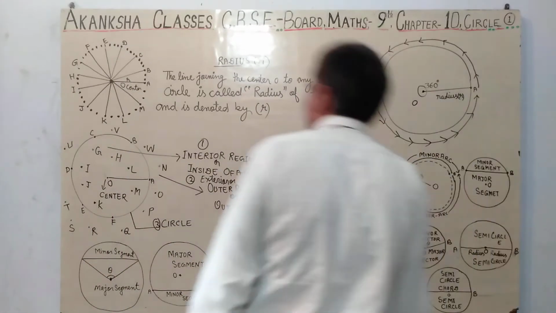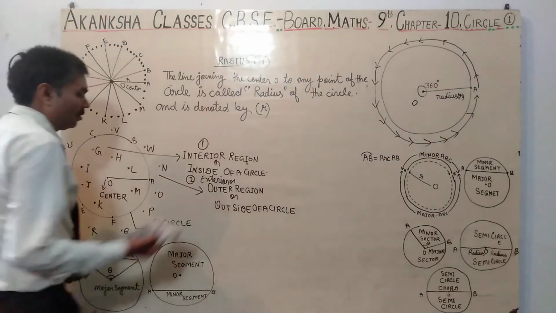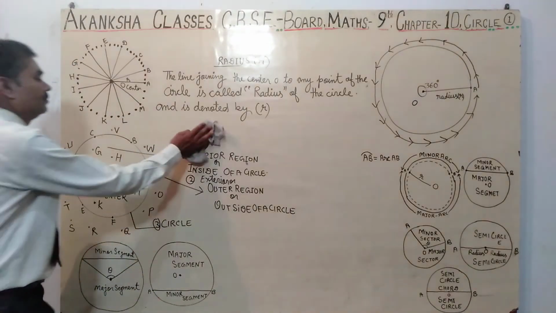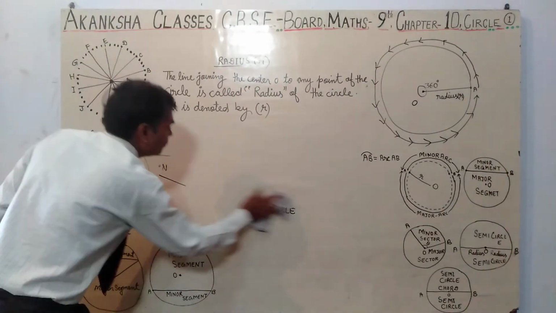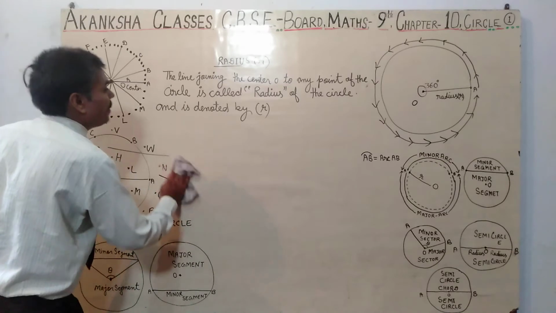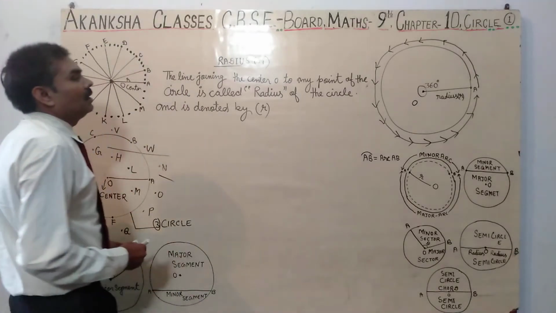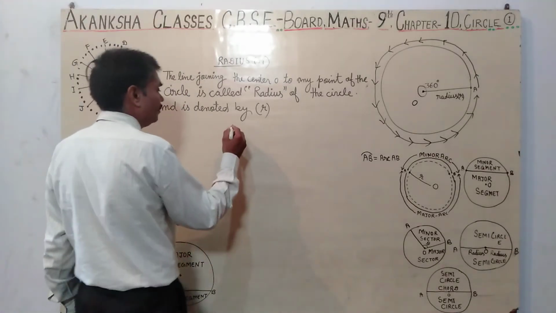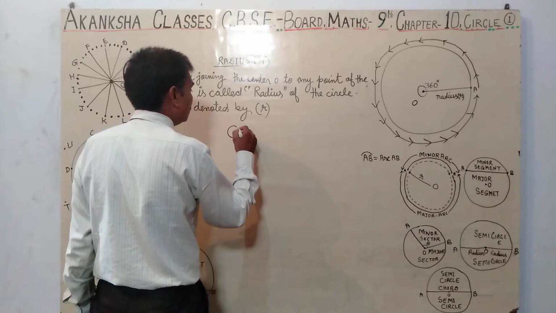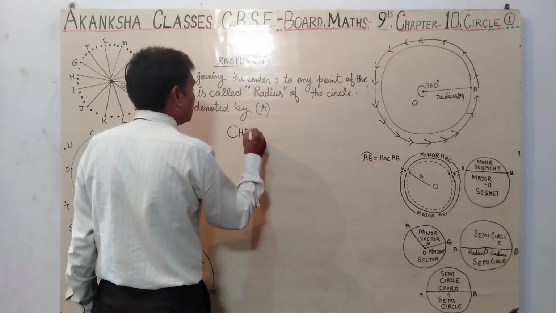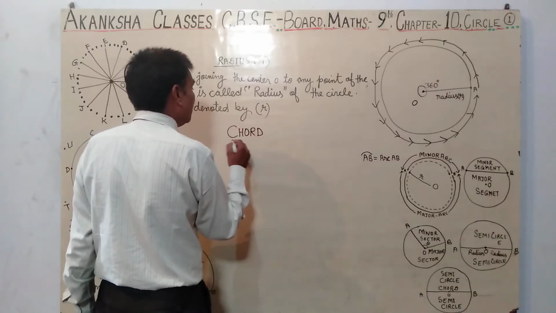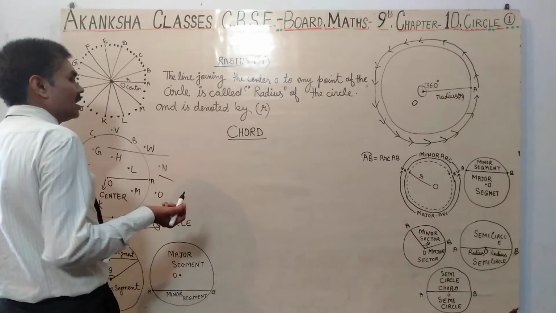Now we will define the term diameter. What is diameter? But before describing diameter, we will describe a new term, chord. What is the chord of a circle?